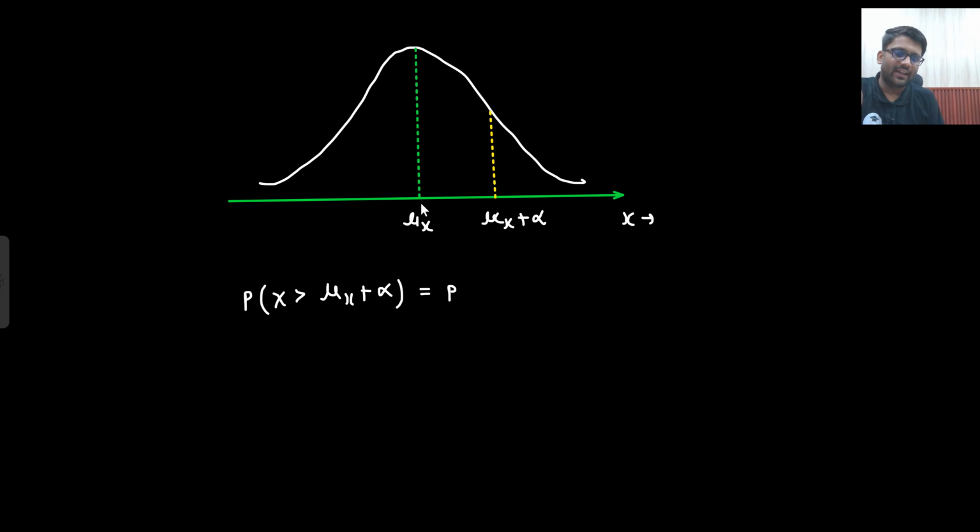If you go alpha backward, this point will be your mu x minus alpha. Another thing is that the amplitudes will also be the same. It is not looking like that, but the amplitudes will be the same. Along with that, their probability will also be the same. What I mean to say is that whatever probability I get here, the same probability I will get here as well. Are you able to understand this point?